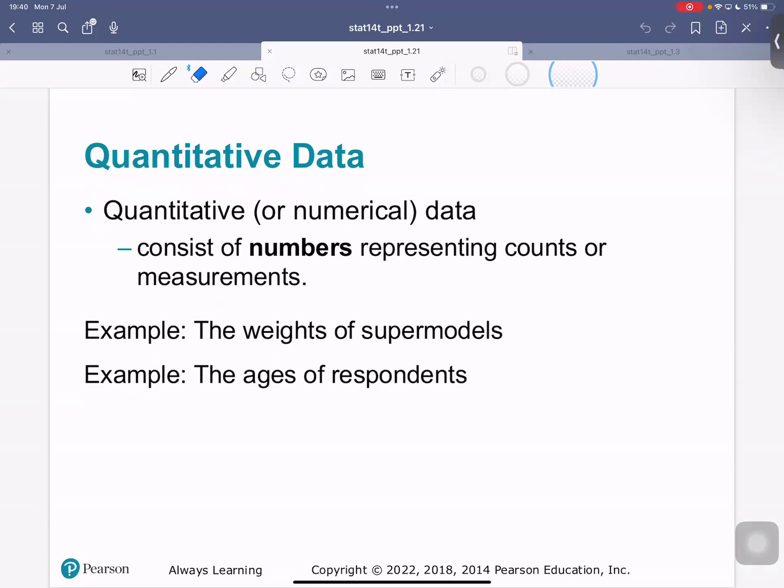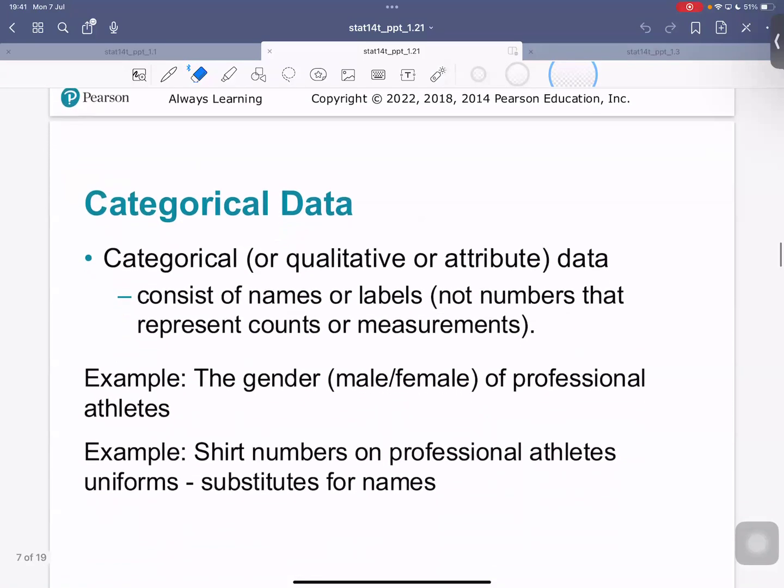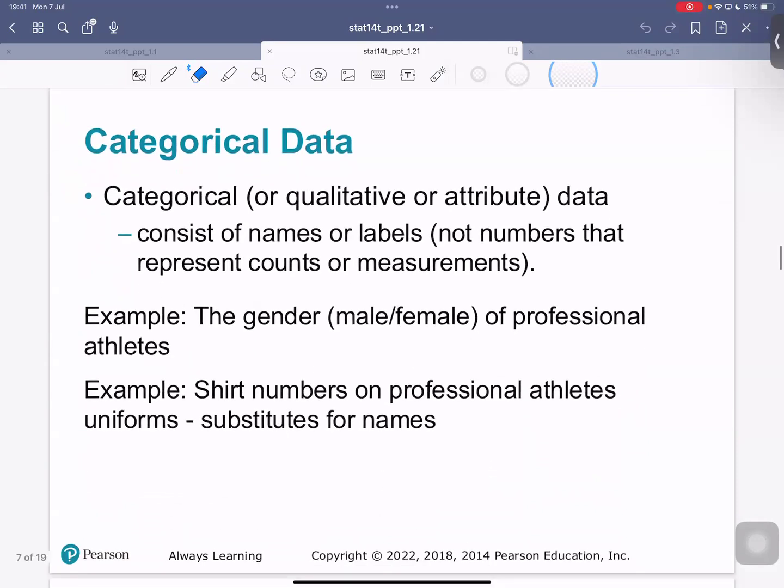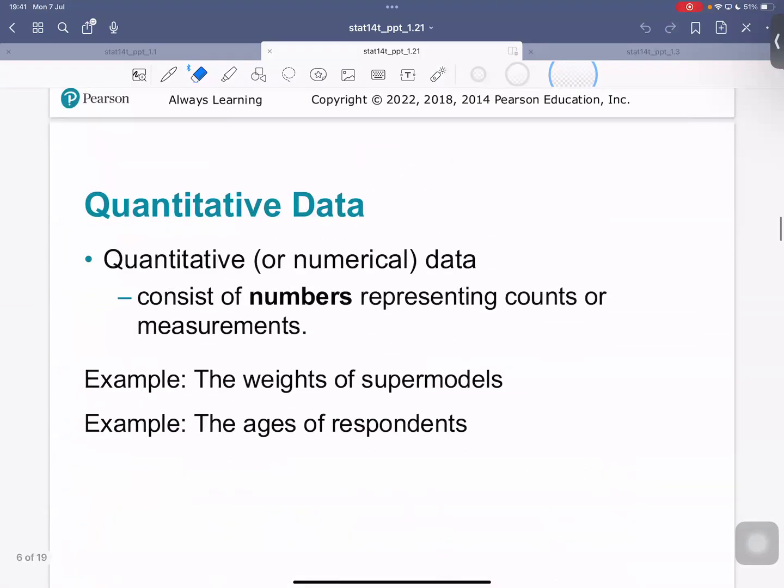So in this case, for example, the weights of supermodels or the ages of respondents are quantitative or numerical data. This is easy. Categorical data, or qualitative or attribute data, consist of names or labels, not numbers that represent counts or measurements, because numbers that represent counts or measurements would be quantitative data, right?